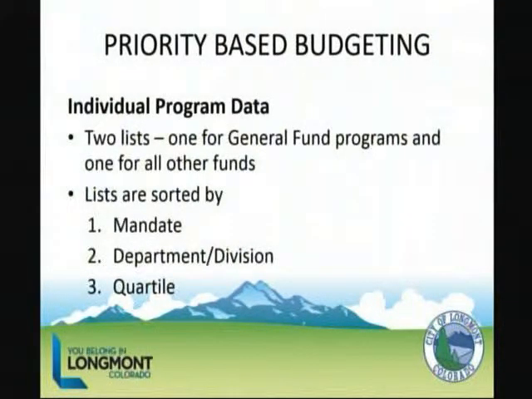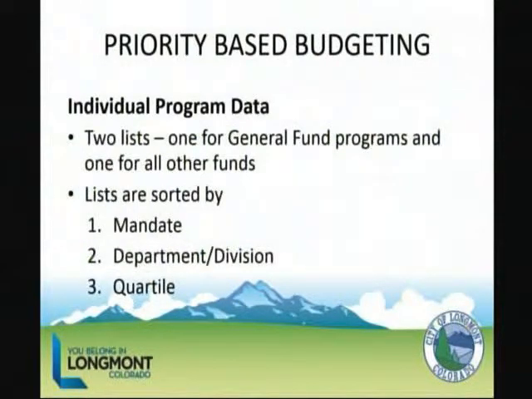We also put the number of program FTE related to it. On top of that, we include the quartile group for the program, based on the overall program score. So what you see is where it scores on the mandate as well as its overall score.